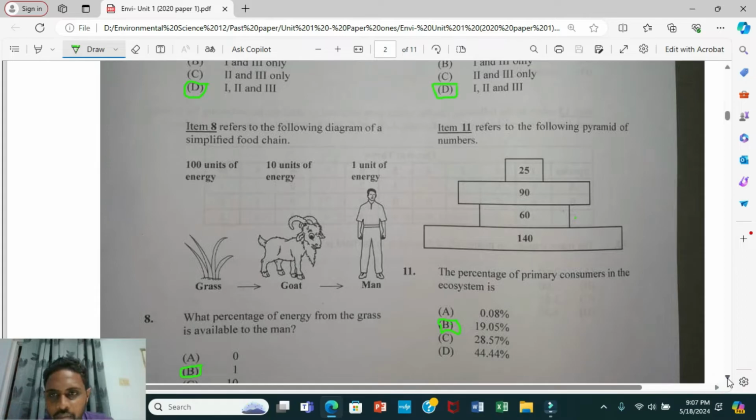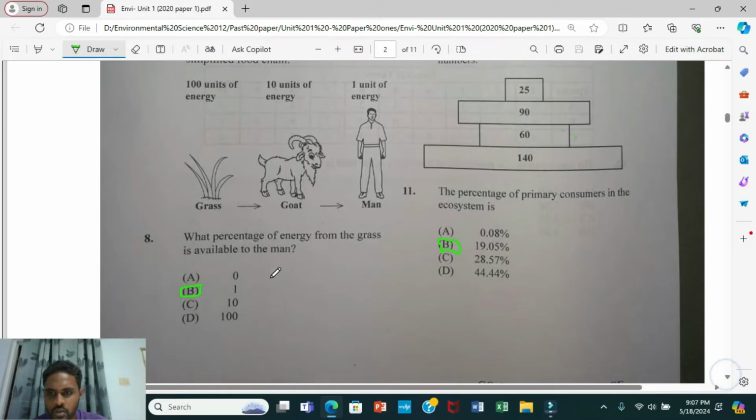Item 8 refers to the following diagram of a simplified food chain. Of course, it says here we have 100 units of energy, 10 units of energy, and 1 unit of energy for grass, goat, and man respectively. All right. Now it says what percentage of energy from the grass is available to man? Of course, the answer is 1. Of course, guys, if you remember, only 10% of the energy will be transferred to the next trophic level.